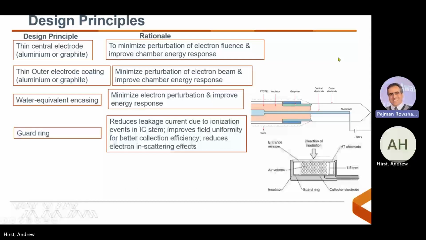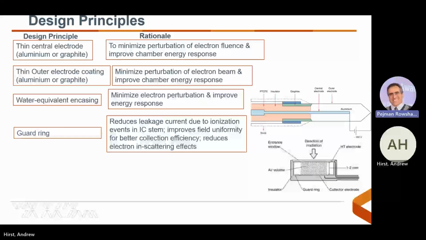There's something else called a guard ring, which is quite significant for parallel plate chambers. They're positioned here. They're basically a third electrode with the same bias as your outer electrode. The purpose of the guard ring is to reduce leakage current due to ionizations in the stem.